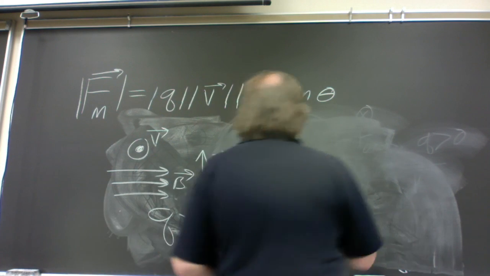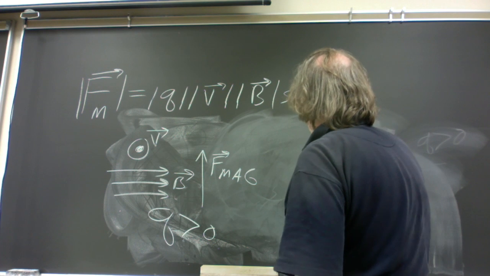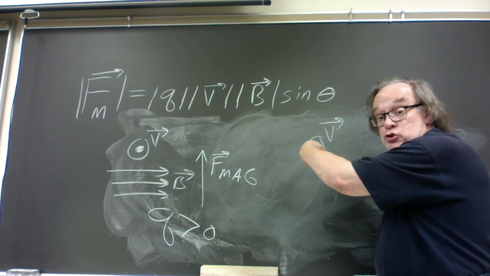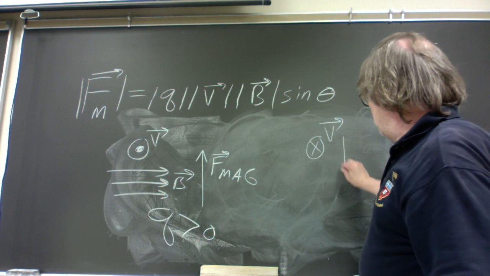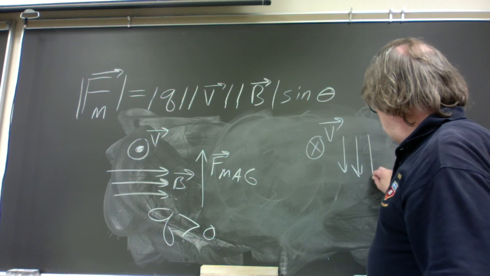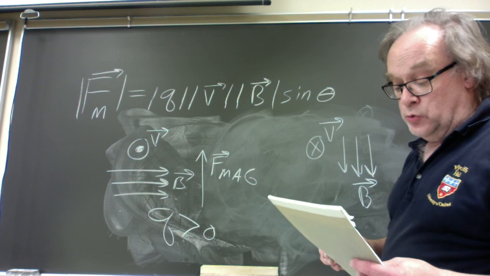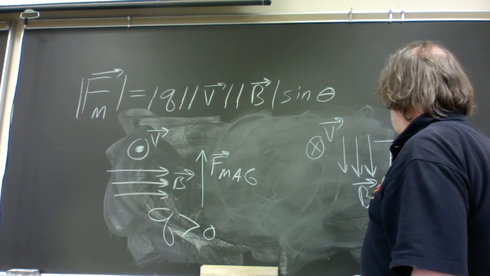One more example. Let's turn that velocity around. Say it's still perpendicular to the blackboard, but now pointing into the blackboard, pointing away from us. And we'll rotate the direction of the magnetic field. So now it's pointing straight down. And the direction of the force we get from that is that way, straight to the right.